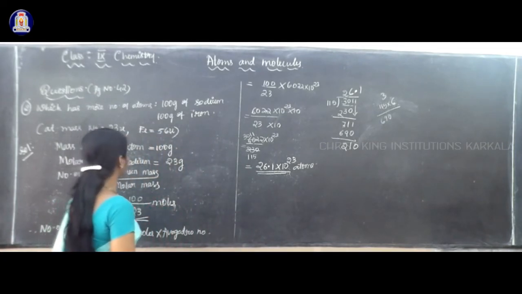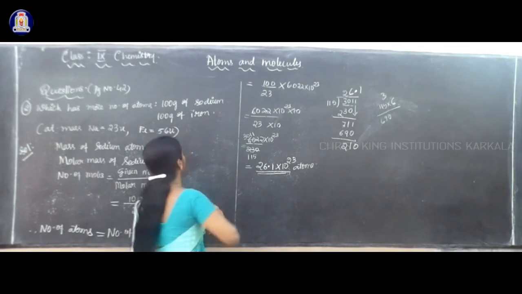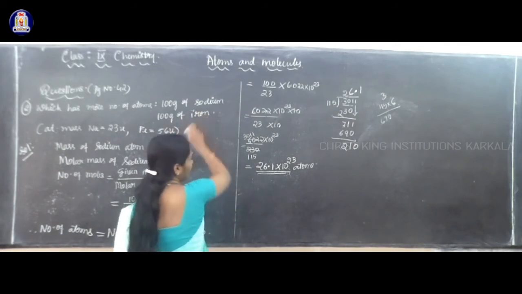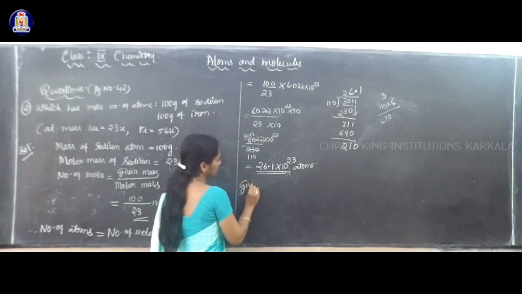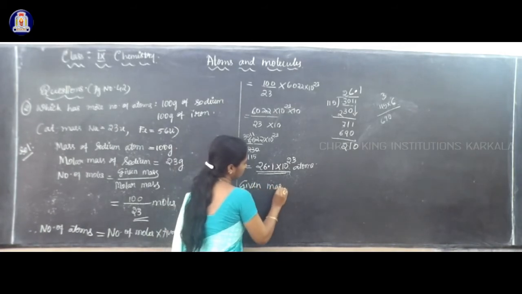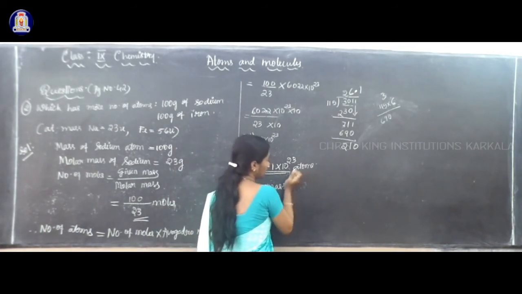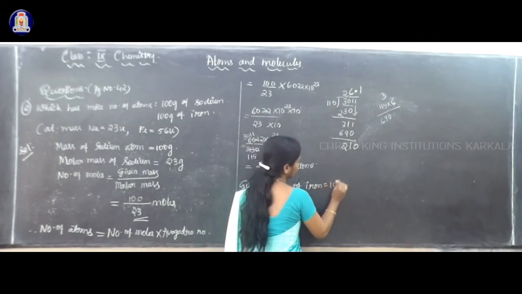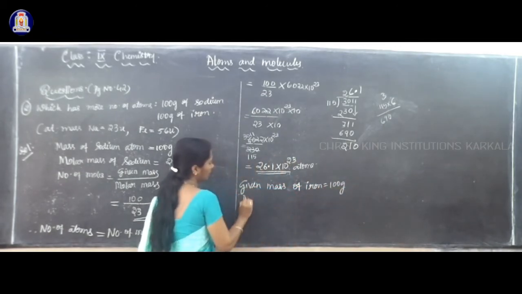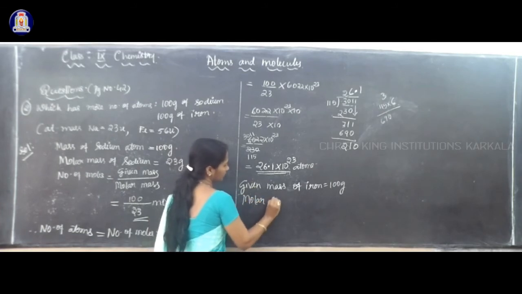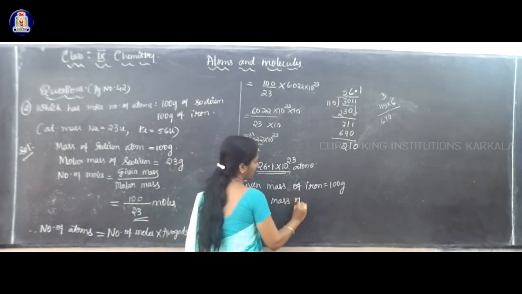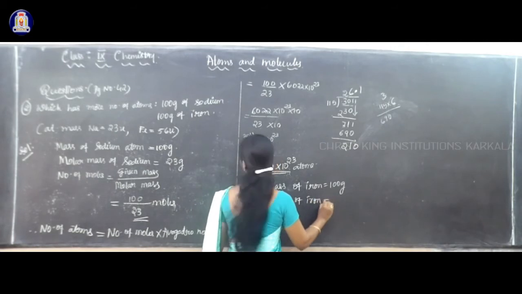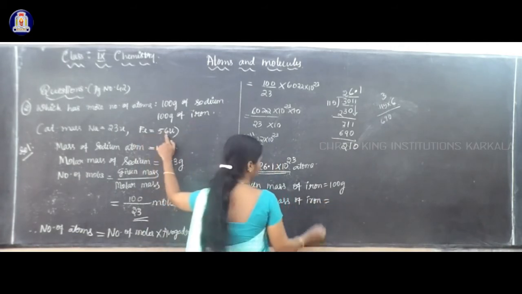Now we go to the second part of that question: 100 gram of iron. Given mass of iron is equal to 100 gram. Molar mass of iron is equal to 56 gram.